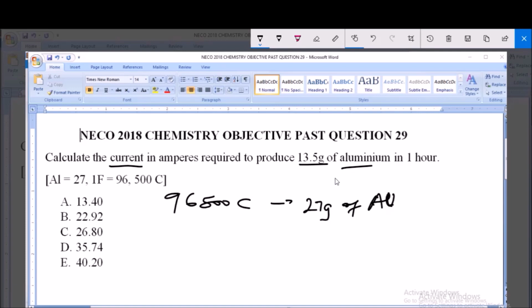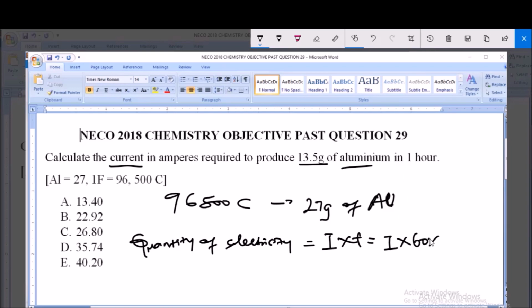Now, the quantity of electricity used to produce 13.5 gram, which is in coulomb, is equal to the current multiplied by the time, which is 1 hour, that is 60 seconds times 60 minutes, and this is equal to 3,600 I, in coulomb. So we can say therefore 3,600 I coulomb will give 13.5 gram of aluminium.